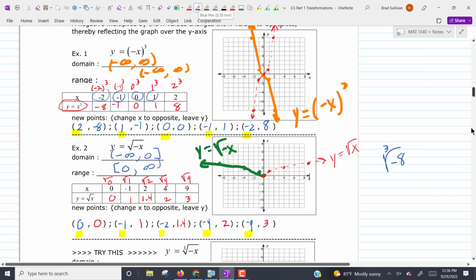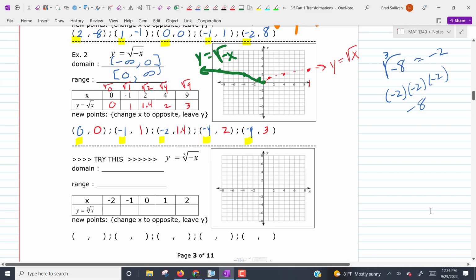You can do a cube root of a negative number because negative 2 times negative 2 times negative 2 is negative 8. Square roots, even roots, you can't do even roots of negative numbers. That's what you got to think about and understand. All right, go ahead and see what you can do on this problem then. See if you get it right.